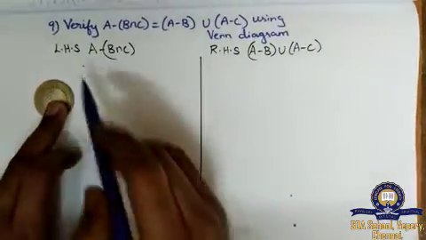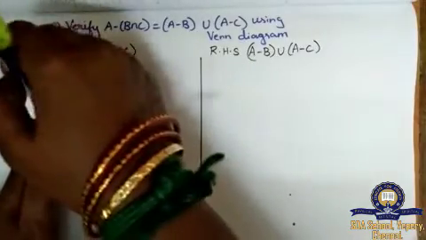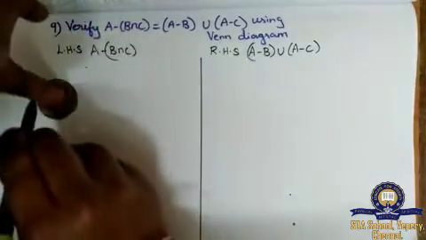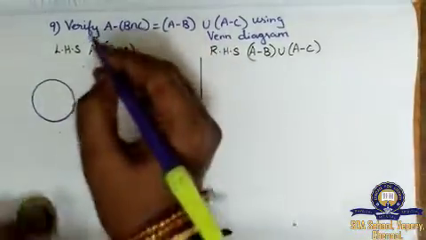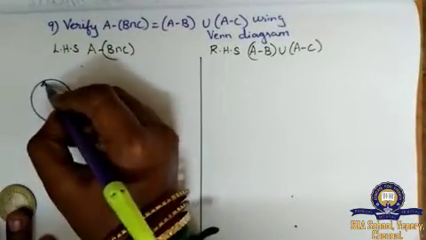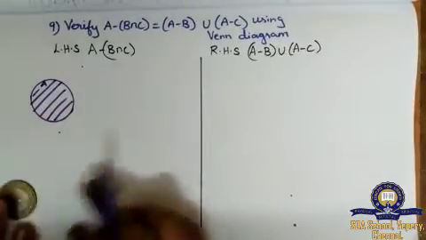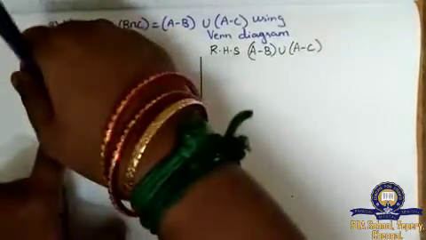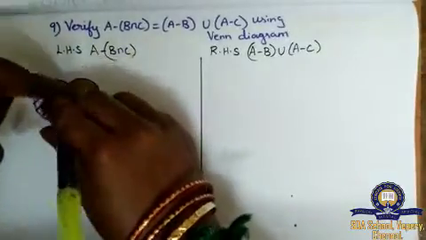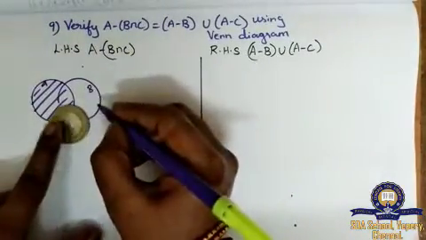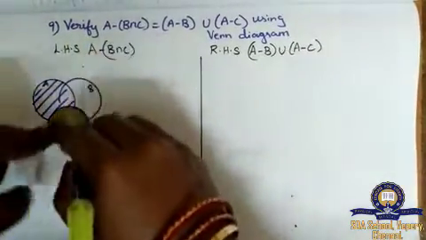Just see. First, what is given? A. So draw only the A circle. A is given, so I am going to draw and shade the full A. Then after shading, I am going to draw the B circle, then the C circle.